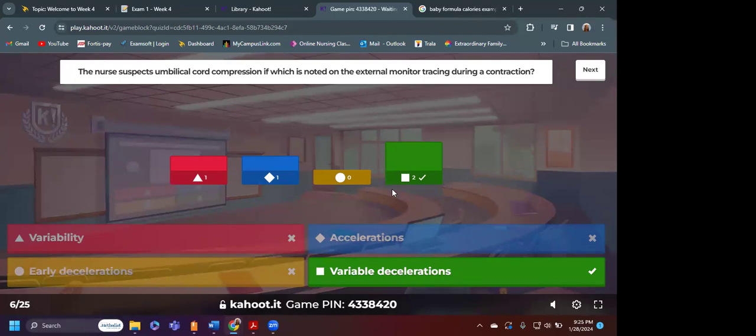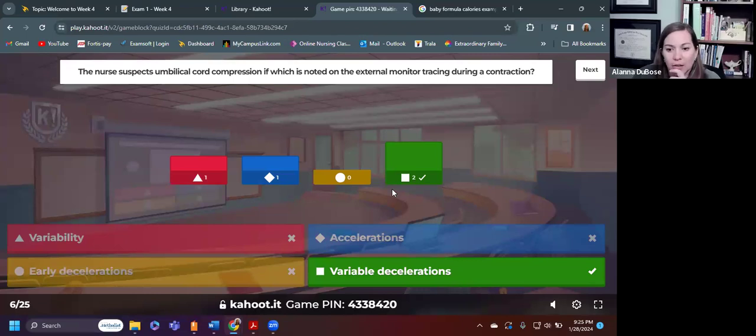Fetal heart rate more than like 2 minutes per... I know it's a certain amount of time per a certain amount of time to make it reactive. Yes, you're on the right track. Marcia typed in 5 movements within 10 minutes, but that's a different test actually.